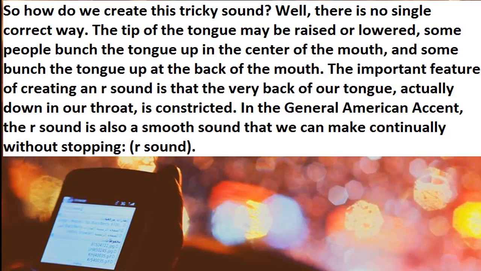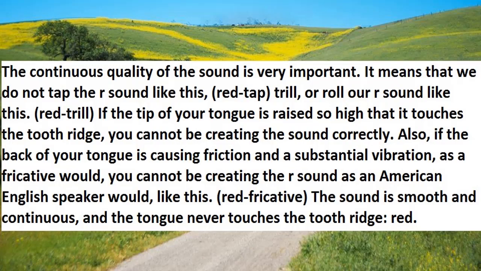The continuous quality of the sound is very important. It means we do not tap the R sound like this, red, or trill or roll our R sound like this, red. If the tip of your tongue is raised so high that it touches the tooth ridge, you cannot be creating the sound correctly.